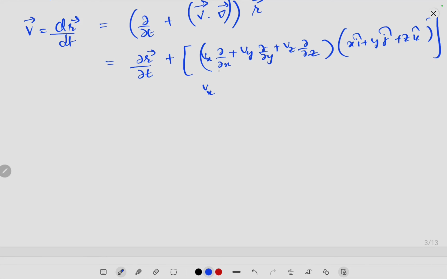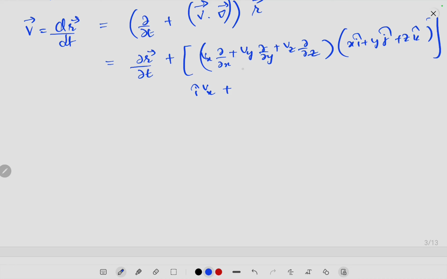Now what is vx del by del x of x i hat? This will be i hat, since del by del x of x would be 1, so this will be i hat times vx. What would be del by del x of y j hat? 0. What would be del by del x of z k hat? 0. So this acting on these 3 terms would give me this value.